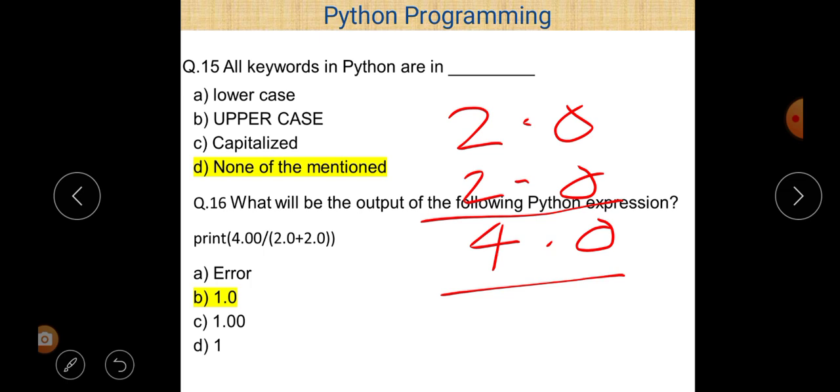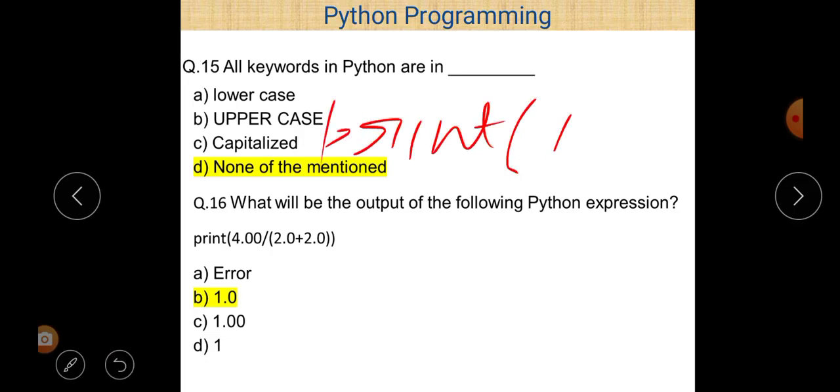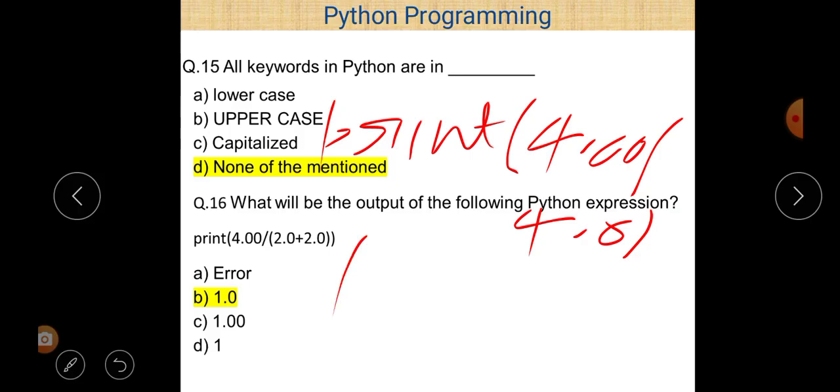Now our expression is print 4.00 divided by 4.0, and we get 1.0, which is a float value.